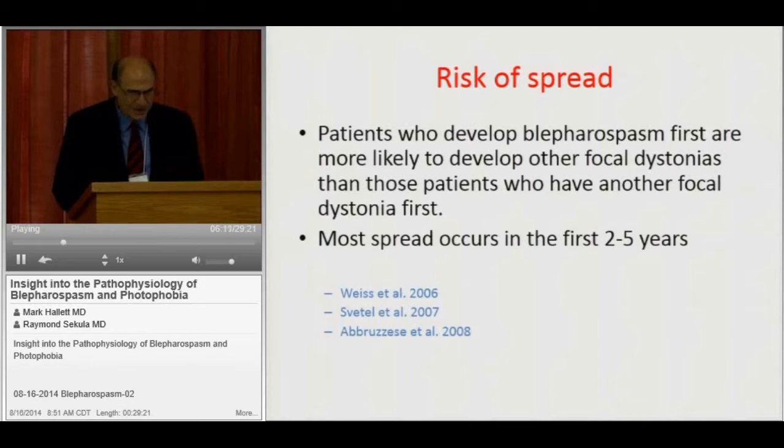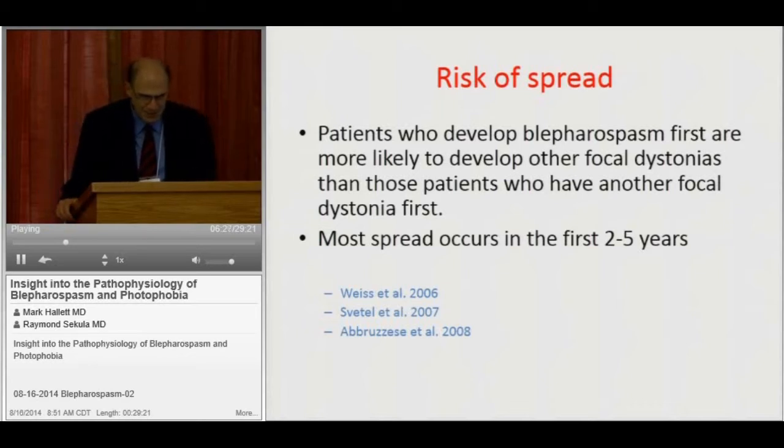Now, another point, and Dr. Jankovic mentioned this in his talk to a certain extent, about spread of focal dystonia from one body part to another: patients who develop blepharospasm first are more likely to develop other focal dystonias than those patients that have another type of focal dystonia first.